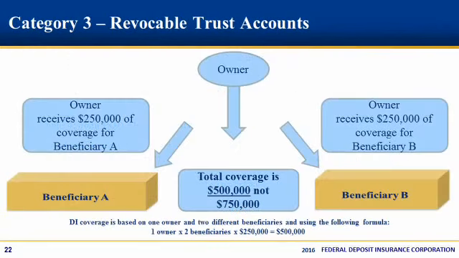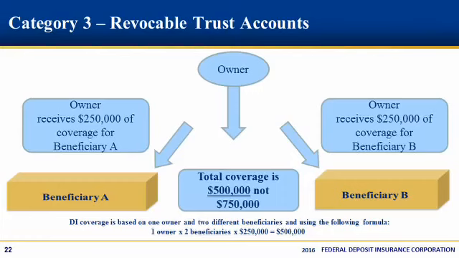Let's examine another way to look at deposit insurance coverage for a payable in death account with one owner and two beneficiaries. As you can see on this slide, we have a graphic with one owner and two beneficiaries. This graphic illustrates one of the most common questions we receive from both bankers and depositors. If there are three people on a payable in death account, shouldn't the coverage be $750,000?